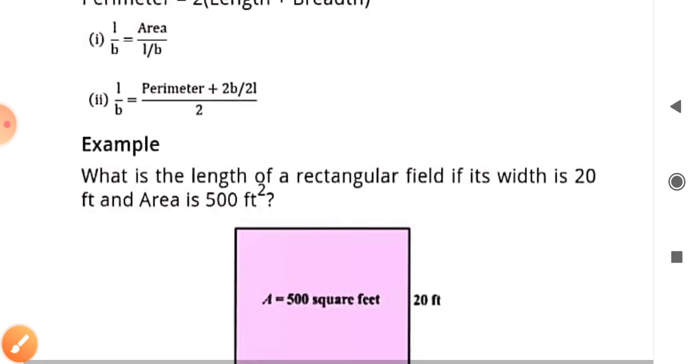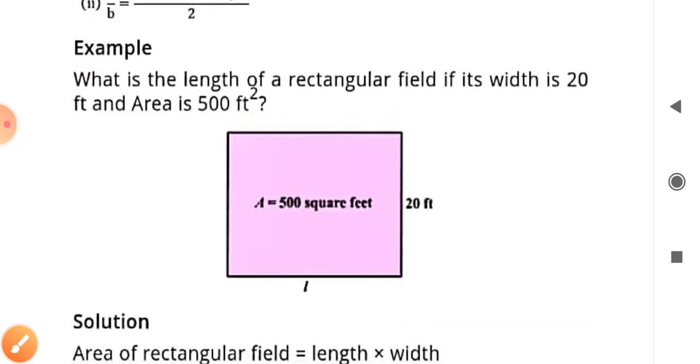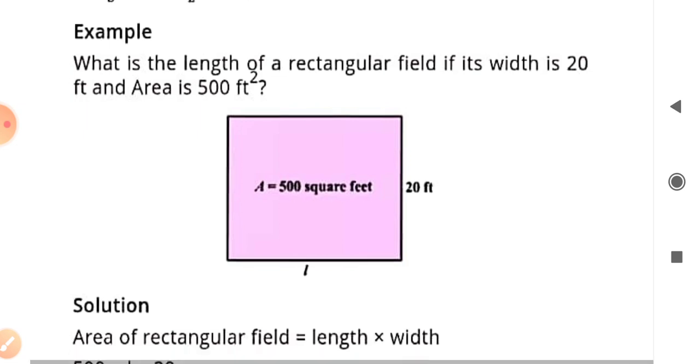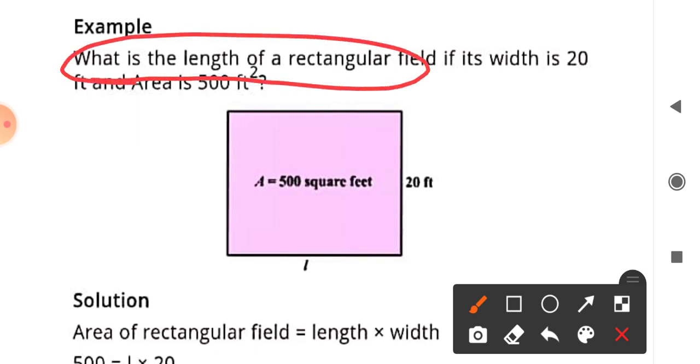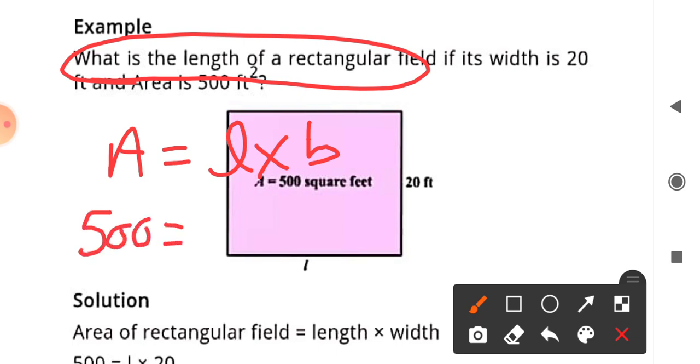Some examples are given here. First: what is the length of a rectangular field? Its width and area are given. Calculate its length. Area A is equal to L into B. Area is equal to 500 and breadth is 20.